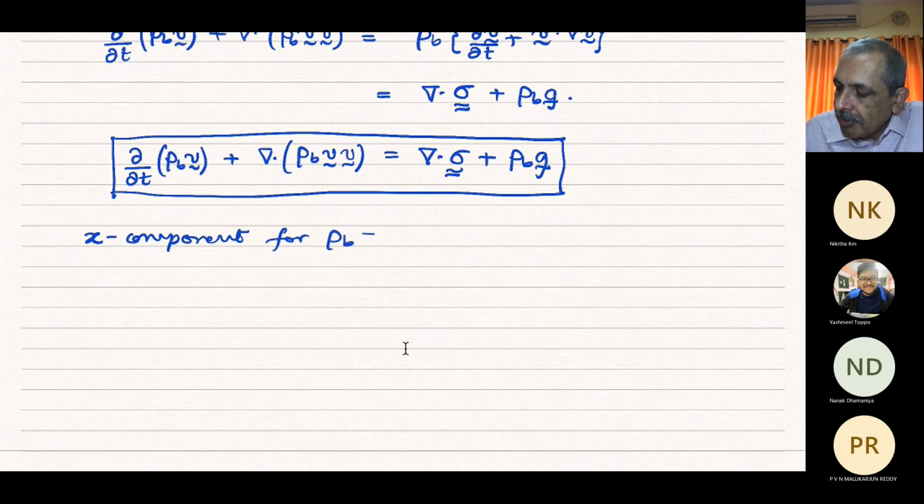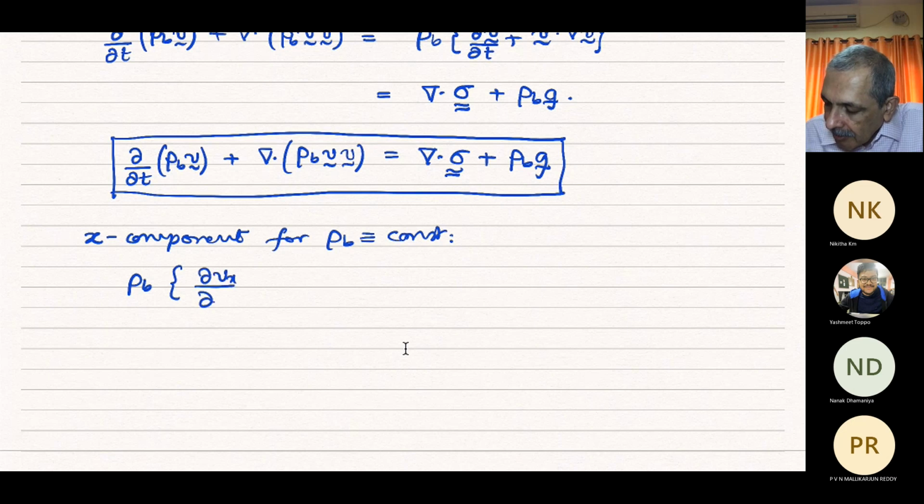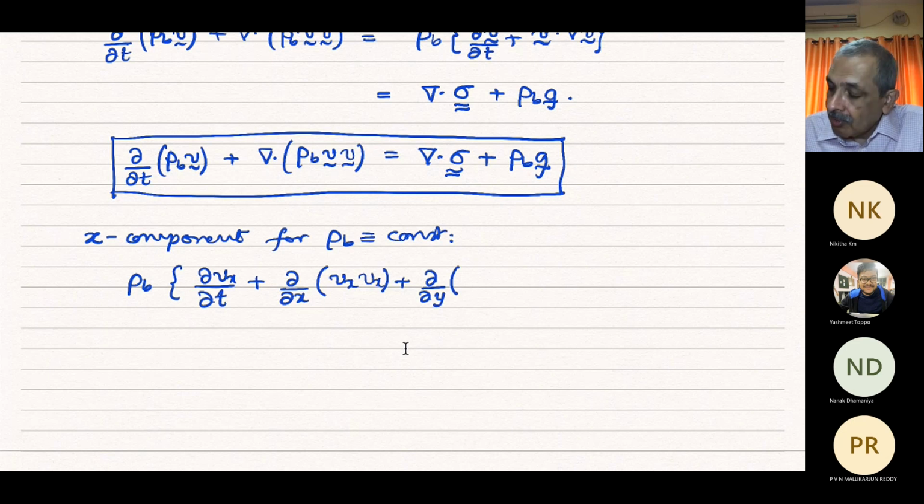For rho b to be a constant, the density can easily be pulled out, and then you'll have rho b del Vx by del t plus del by del x of Vx squared plus del by del y of Vx Vy.